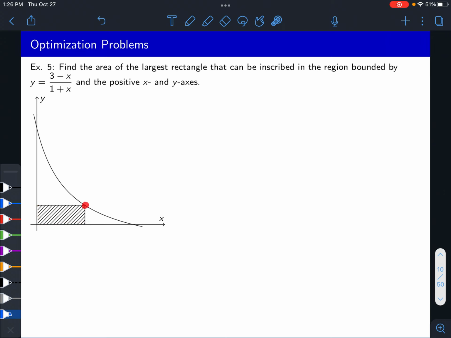Then we take a corner point that just lies on the graph of the function, and we make a rectangle out of those sides. Then we take the area of that rectangle, and we want to maximize that area. So take a couple minutes, pause this video, give that a shot, and then unpause and see if you get it.